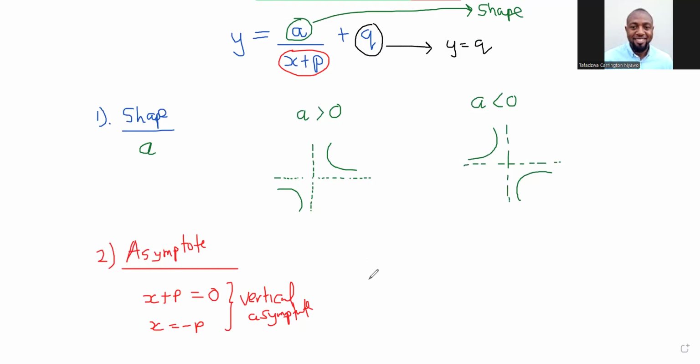And then y is equal to q will give me the horizontal asymptote.